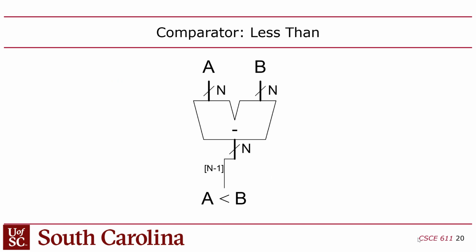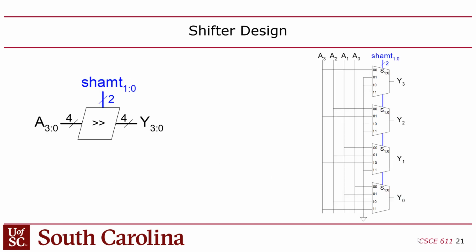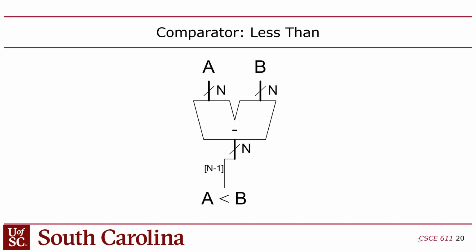How about less than? So we have this one in our ALU as well. So less than is, I don't have a lot of details here. This is for A minus B, and then they check the sign bit of the result. So this is for a signed comparison, right?